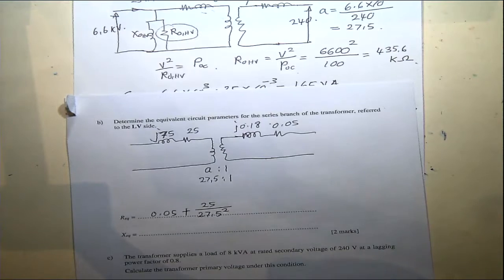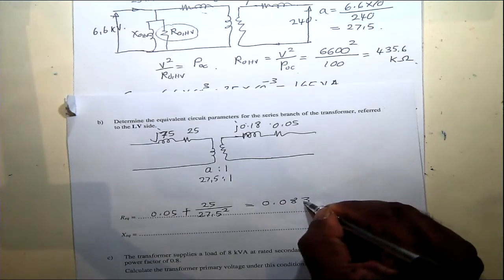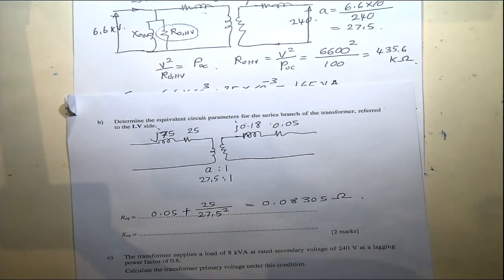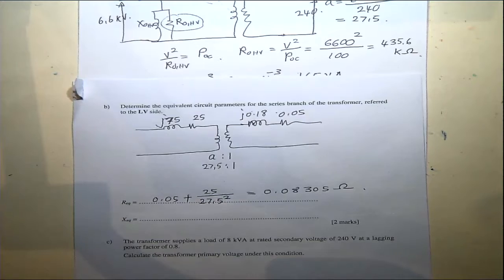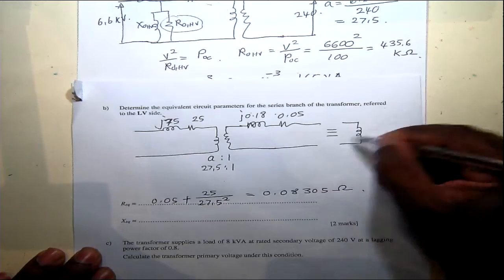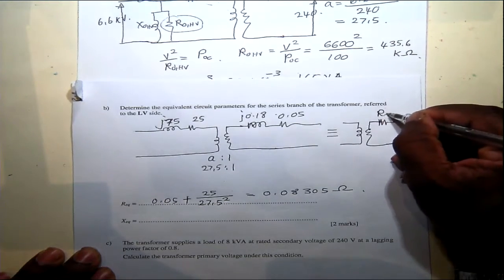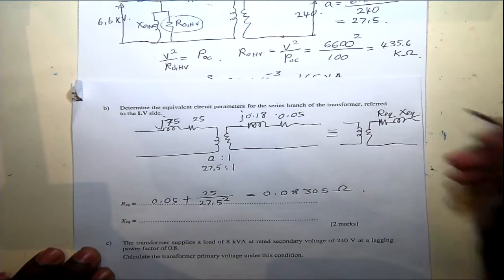When you move to the low voltage side, the impedances reduce. That's the equivalent resistance. So we are going to transfer everything to the secondary side, and this will be your Req and Xeq.